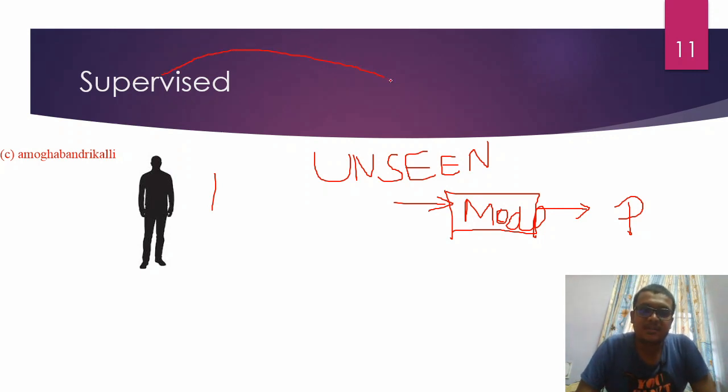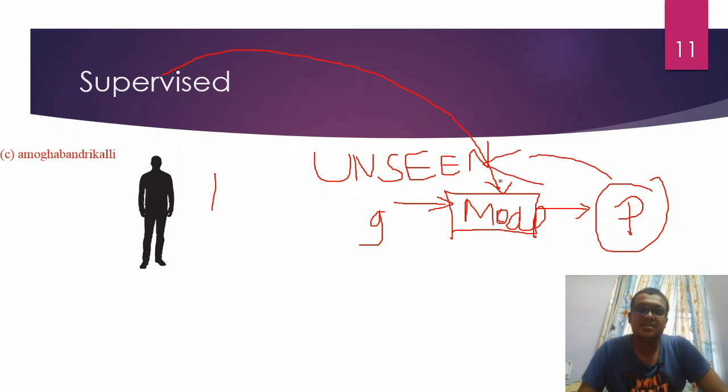So supervised learning is like teaching a model, by having a combination of input, to predict for the unseen data. This is the main thing you need to understand. Unseen data means a newer version.